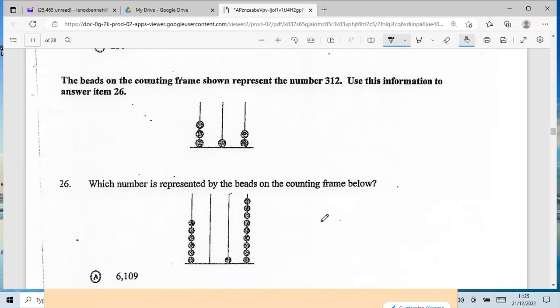So WhatsApp that to me, guys. So 26, just type in the number to me.